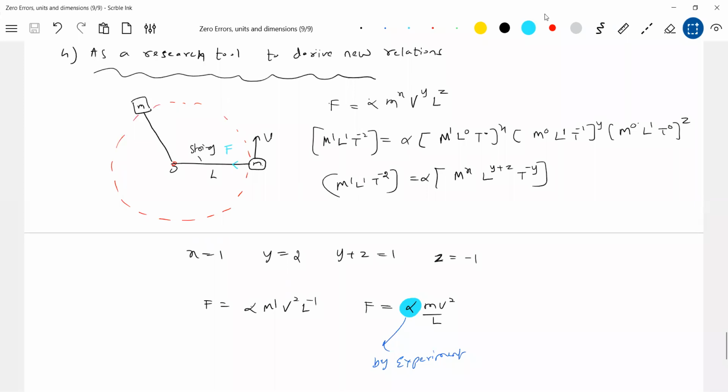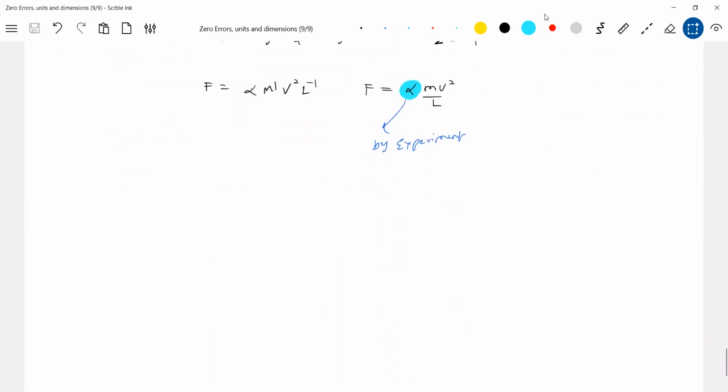Okay, now since you are familiar with the time period of a pendulum, I'll bring it again. A simple pendulum. Like this, you can take any physical system and start searching how things are related. So what all do we have in a simple pendulum?